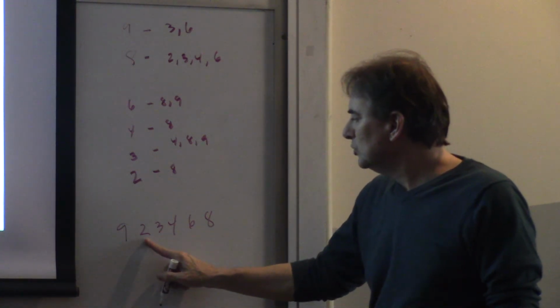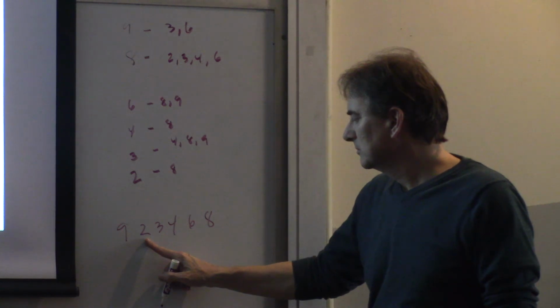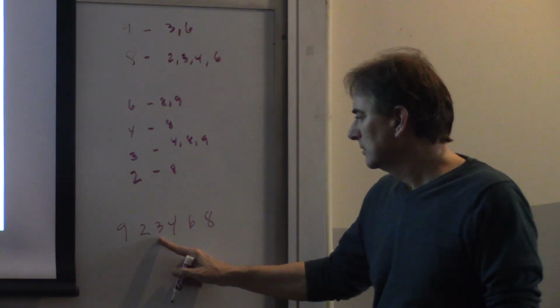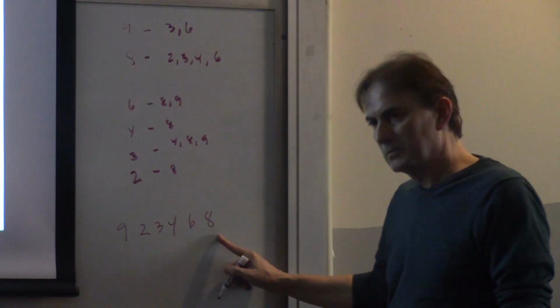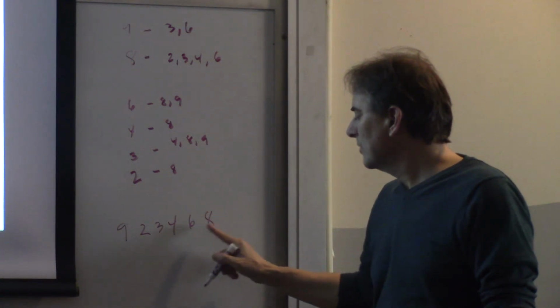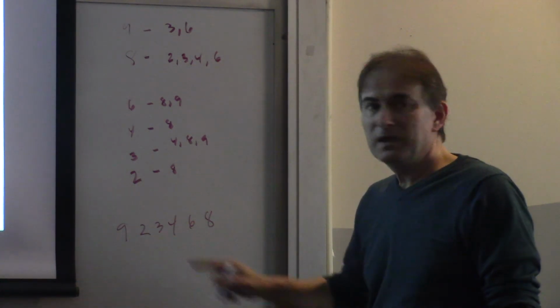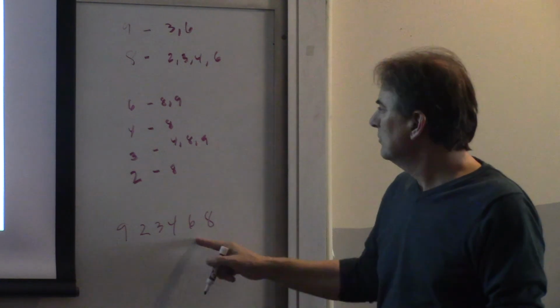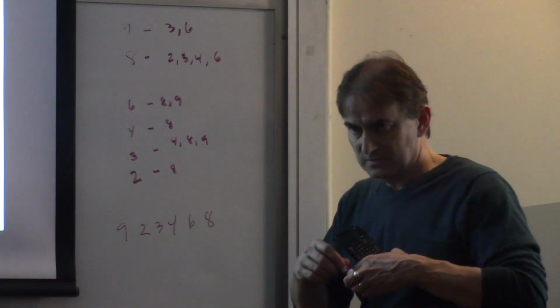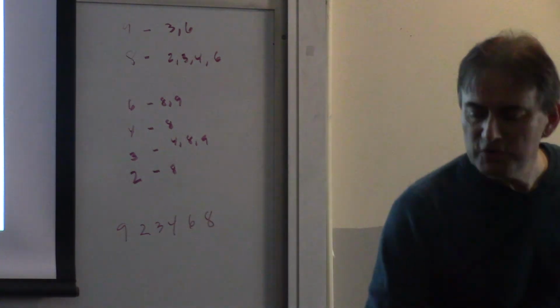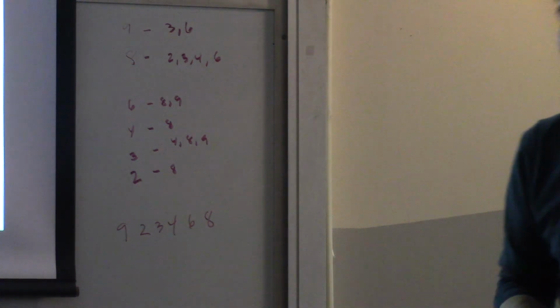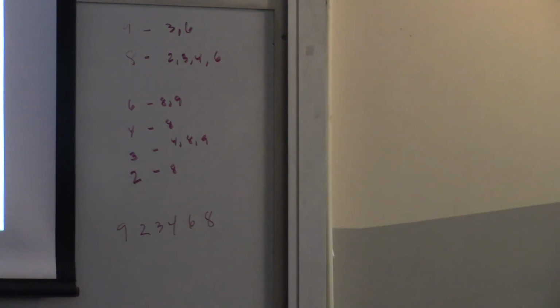How many inversions here? 1. So 1, 2, 3, 4, 5, 10. So 10 inversions. So we might be able to use inversions as a measure of how out of order an array is, and maybe how quickly we can sort it. Possibly an idea. All right, so we'll come back to the idea of inversion.